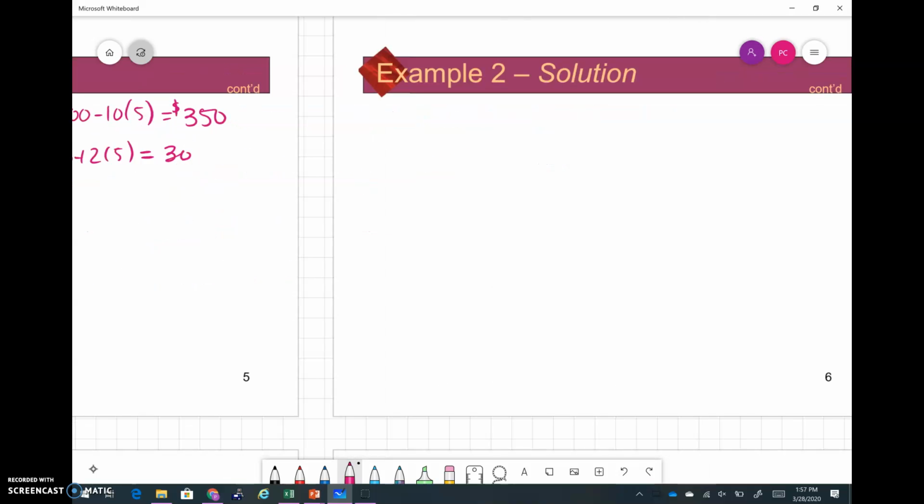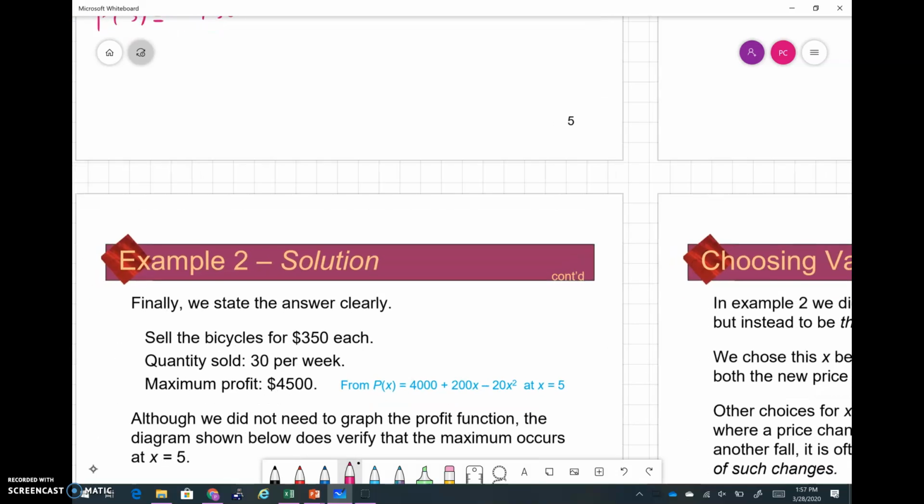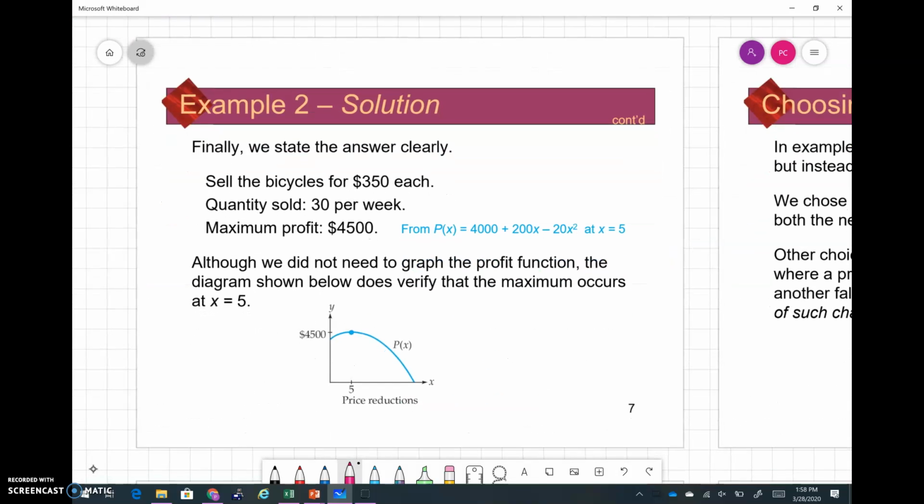So finally we state the answer clearly. If we sell the bicycles for $350 each, we can sell 30 per week, giving us a maximum profit of $4,500.